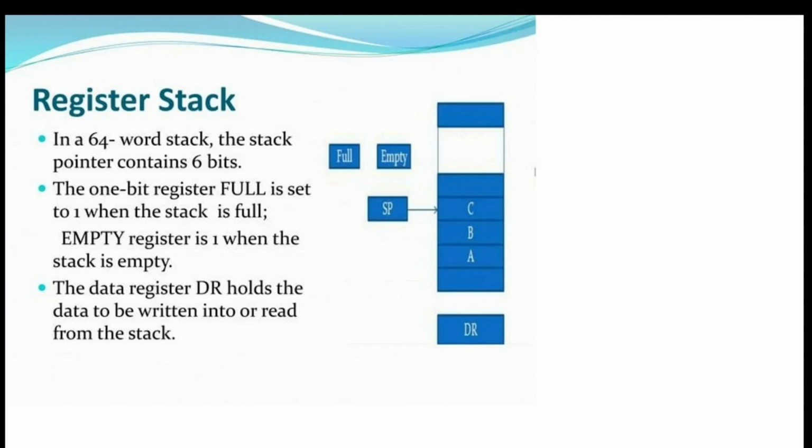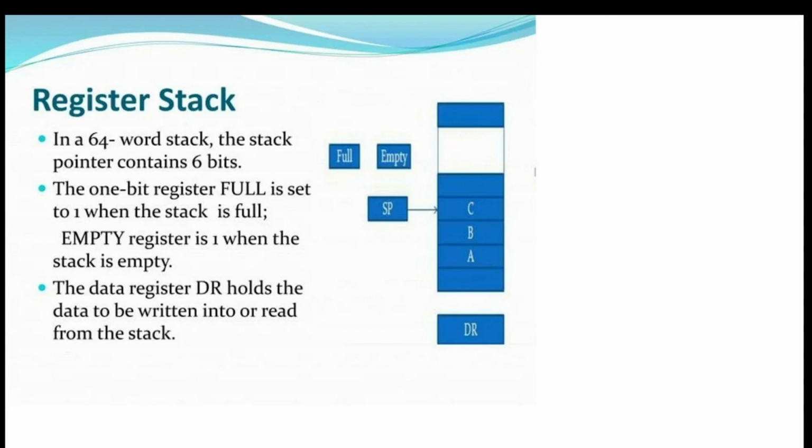If the 1-bit FULL register is set to 1, we can say that it's full. The EMPTY register is 1 when the stack is empty. So if the EMPTY register shows the value 1, it means the stack is not full, it's empty.